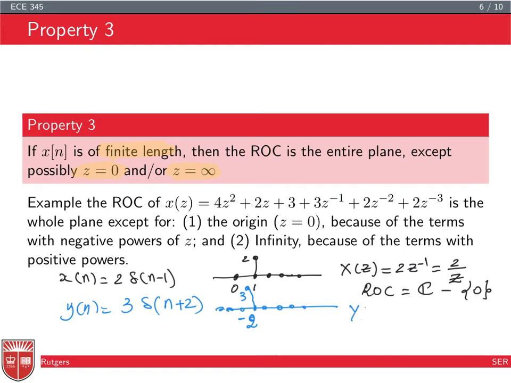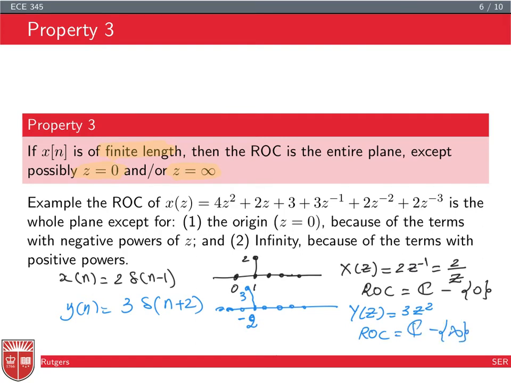If you just apply the formula, Y(z) is equal to 3z^2. And again, you can see that everywhere you have convergence, except when z goes to infinity, then Y(z) is not defined because it also goes to infinity. So the ROC here is the whole complex plane minus infinity.